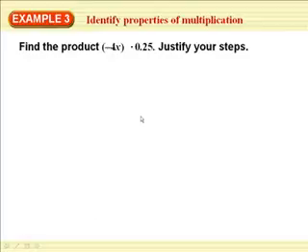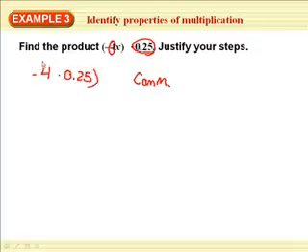The first thing I see here is 0.25 is like quarters, and then I see a 4 right here, and I know 4 quarters makes $1. So right then I am going to use the commutative property to take -4 times 0.25 first. Remember I can multiply in any order right there. So I'm going to do that first.